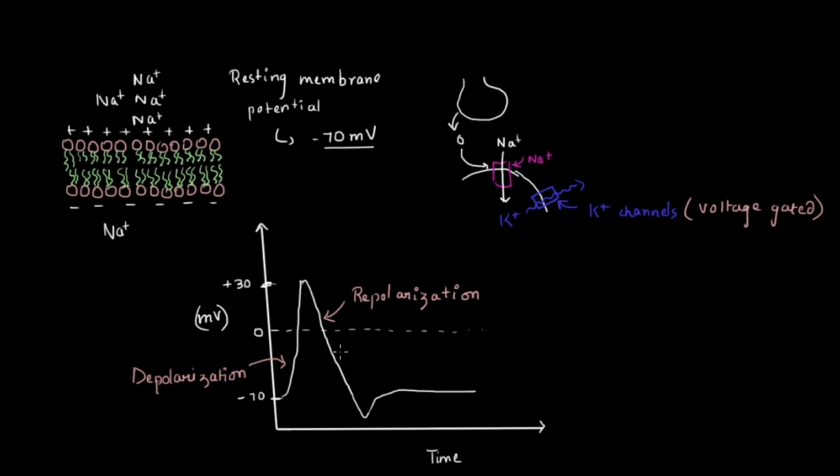So repolarization. Now, when the repolarization comes to about -70, it should have stopped over here, but it skids out and goes a little bit more negative. And this skidding is called the hyperpolarization.